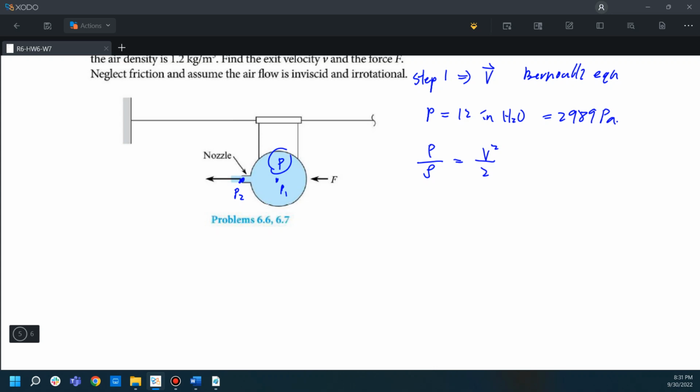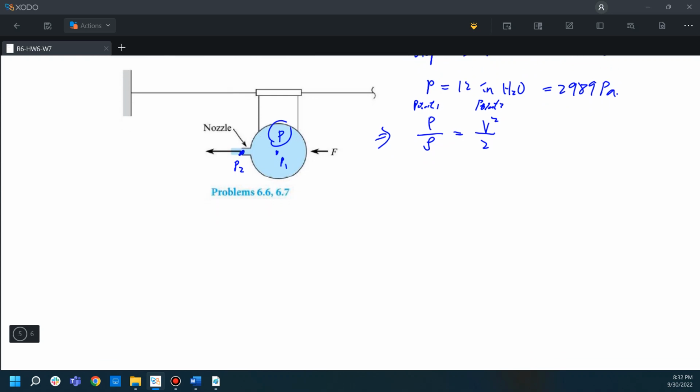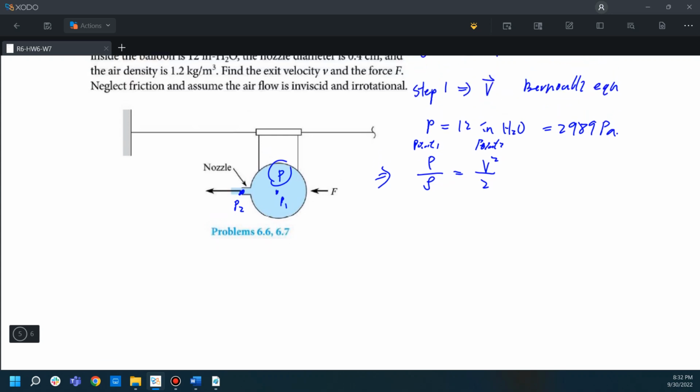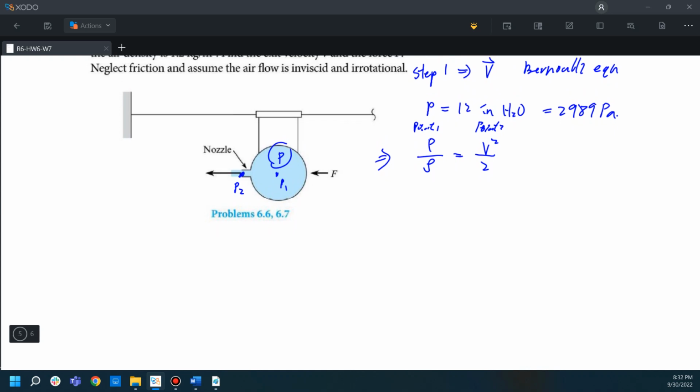That's why we have this simplified Bernoulli equation here. This is for point 1 actually, and this is for point 2. You should know how to get from your original Bernoulli equation to this step, because if I take this question for the quiz, I will ask you to show me the simplification steps. But here we just use this final solution for the Bernoulli equation.